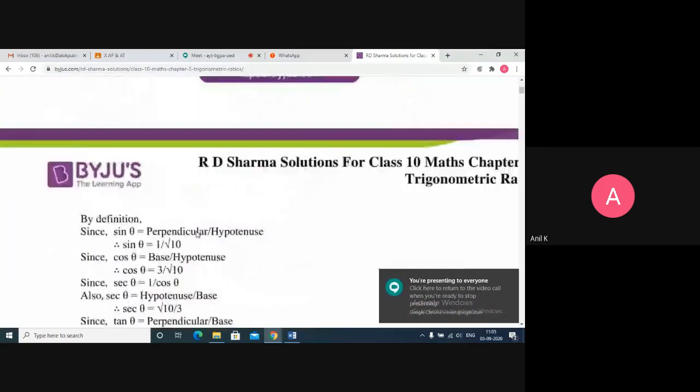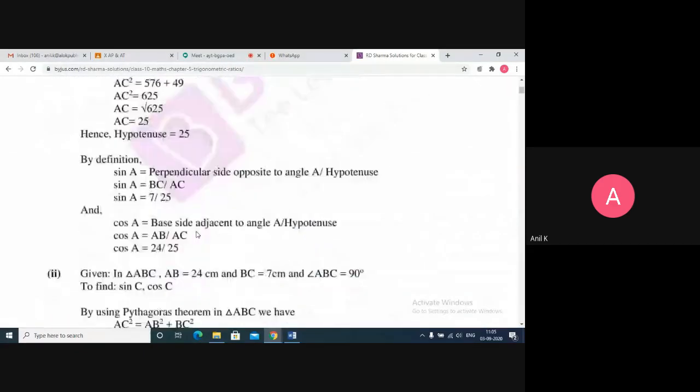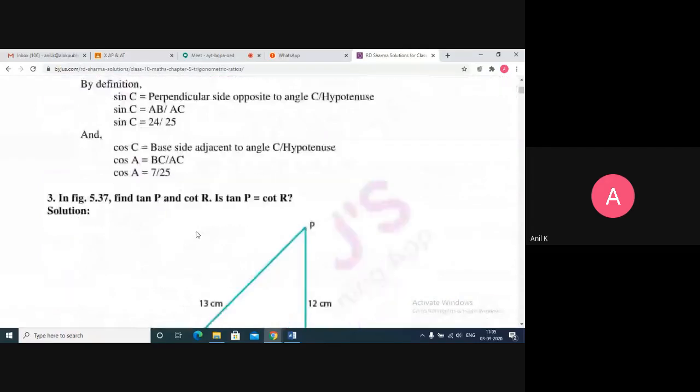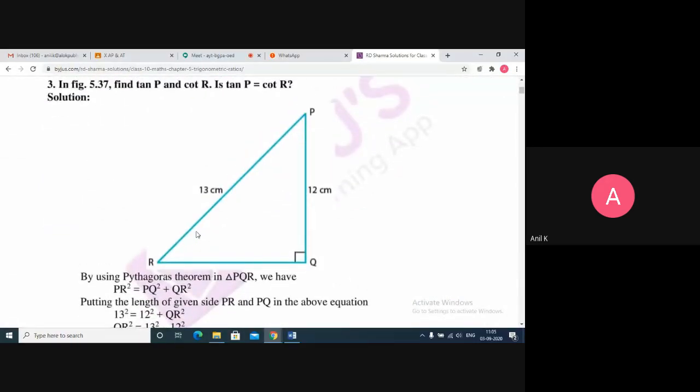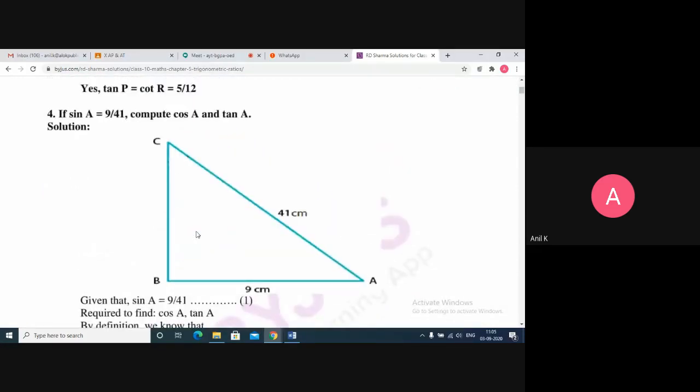Another type of question, which we already had. I'll keep this diagram as it is. Actually, this is the same right angle triangle. I'll keep this diagram on the screen. Sine A is given as 9 upon 41.